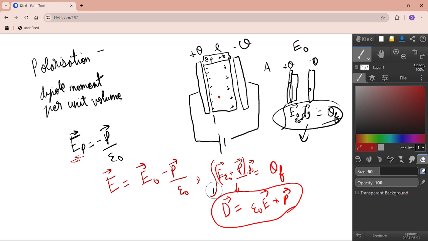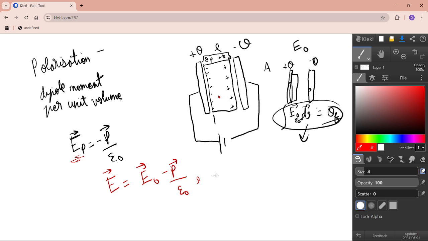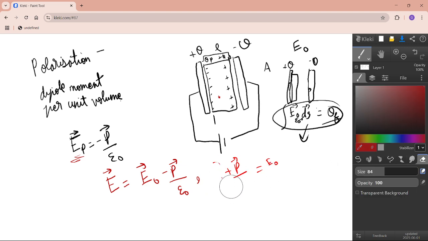then what happens? I took this to the other side. It's E vector plus P vector upon epsilon naught is equal to E naught. I take epsilon naught common.